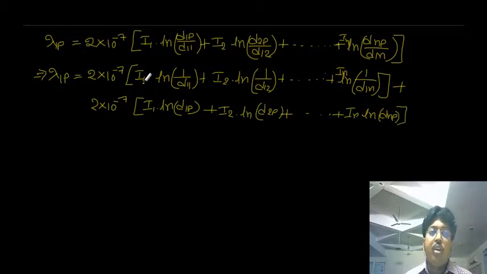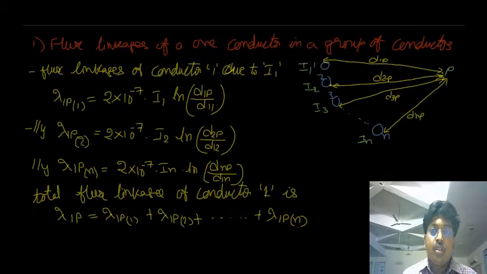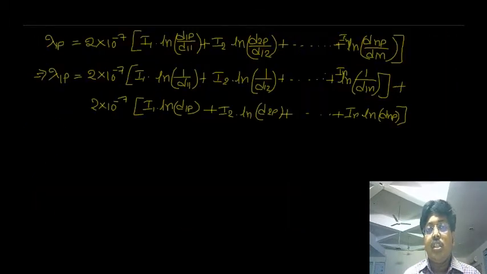Okay. If you observe this diagram, D1P, D2P, D3P, and so on, DNP are the distances of each conductor 1, 2, 3 respectively from point P. As this point P approaches infinity, all these distances are equivalent.